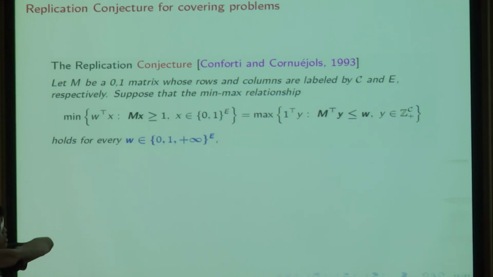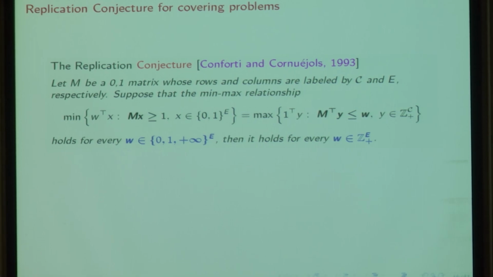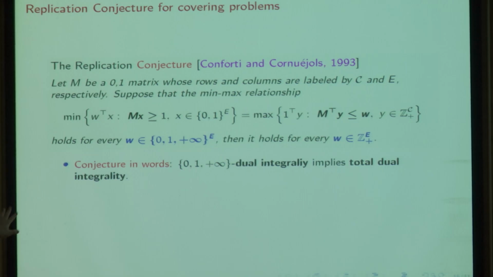Now let's suppose that this min-max relationship holds for 0, 1, plus infinity. Then the conjecture states that this is true for any non-negative integer weights. Again, for this problem, the conjecture is that 0, 1, plus infinity dual integrality implies total dual integrality.